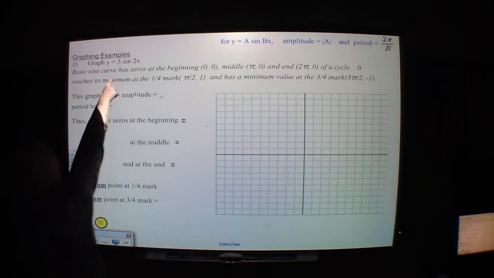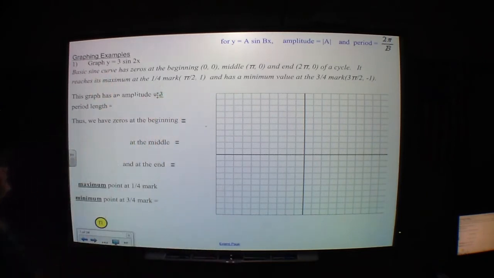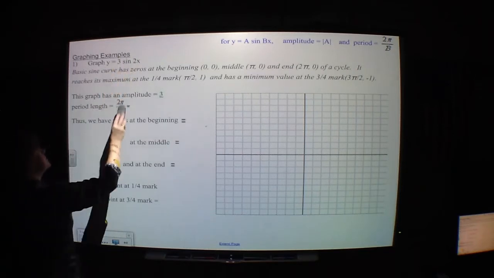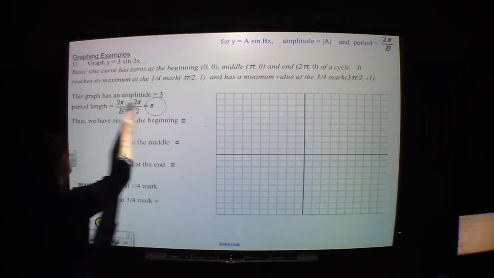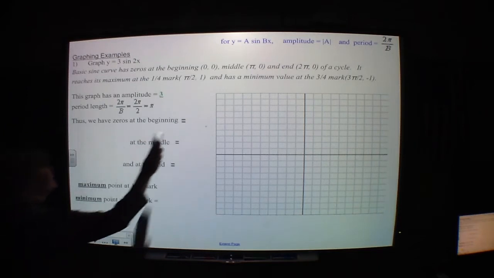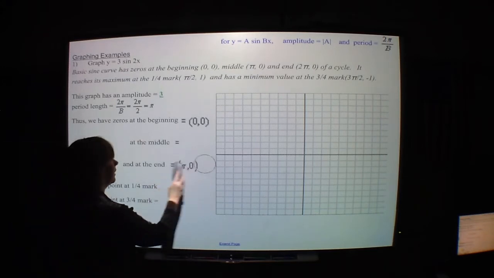So the amplitude is 3, and the period length is 2 pi over b, which is 2 pi over 2, so my period length is pi. So we have beginning, middle, and end, we have our zeros. At the beginning is 0, 0, and the end would be pi, 0, right?